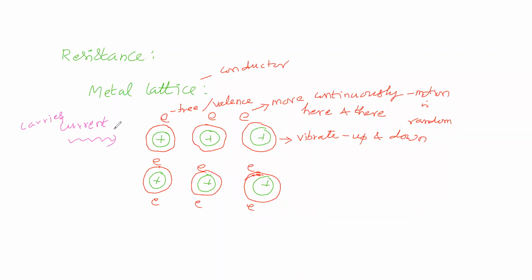Current is having electrons, and these electrons have high energy.